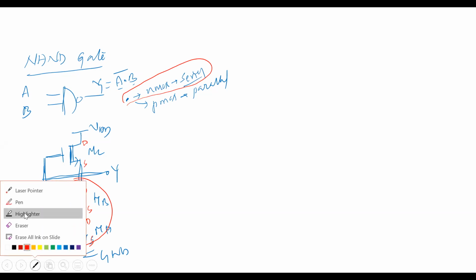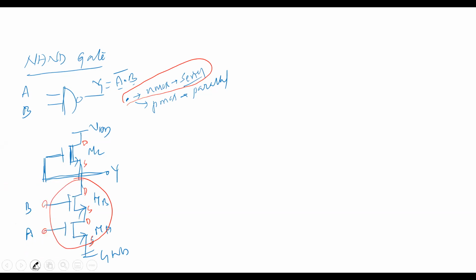So I will go with this. Take the highlighter, take the colors. I will start with blue. This is for VDD and ground metals. All are NMOS transistors, so a single N diffusion layer I can take. This is my N diffusion layer.